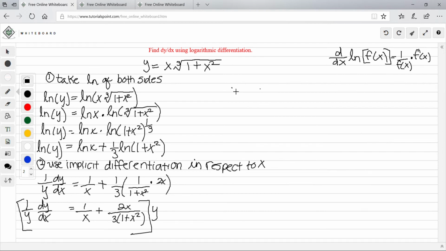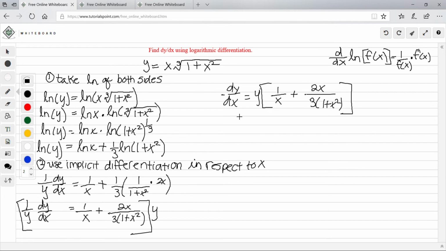So dy/dx equals y times, I'm going to put a bracket. Okay, so where do we find our y? We got it from this equation, right?